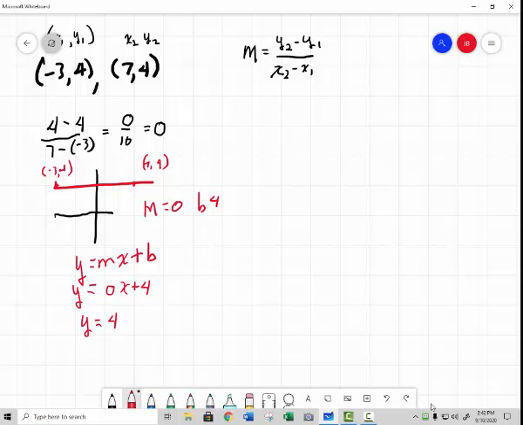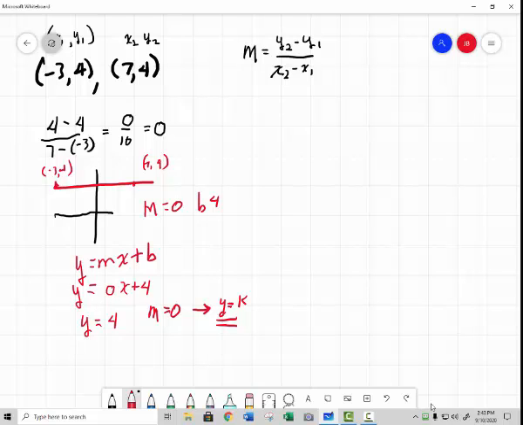Okay, so here's the key. Anytime that you have m equals 0, that means the equation is going to look like y equals some number k, whatever that happens to be. Okay, that's what your equation is going to look like.